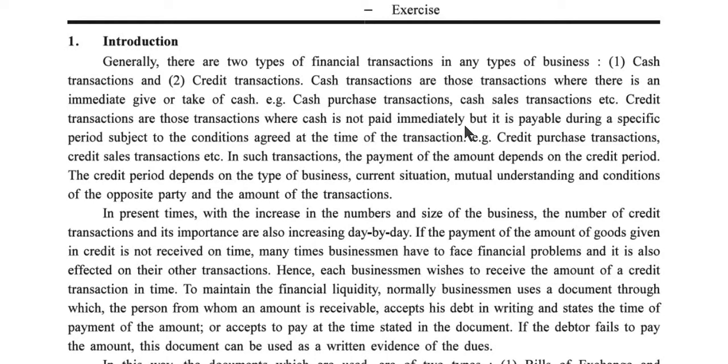It means cash is not paid on the spot, but it is payable during a specific period subject to the conditions agreed at the time of the transaction. As examples, credit purchase transactions, credit sales transactions, etc.